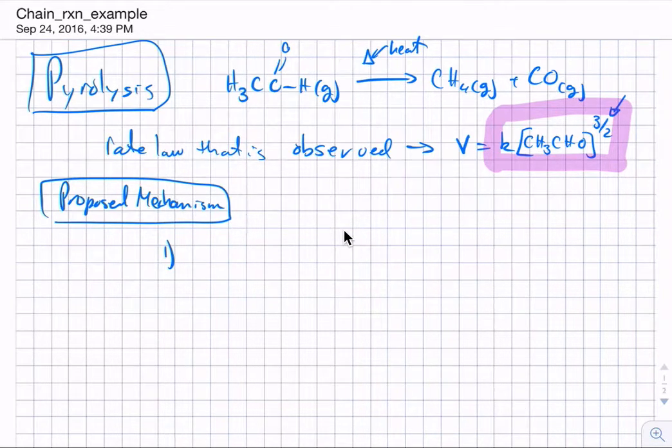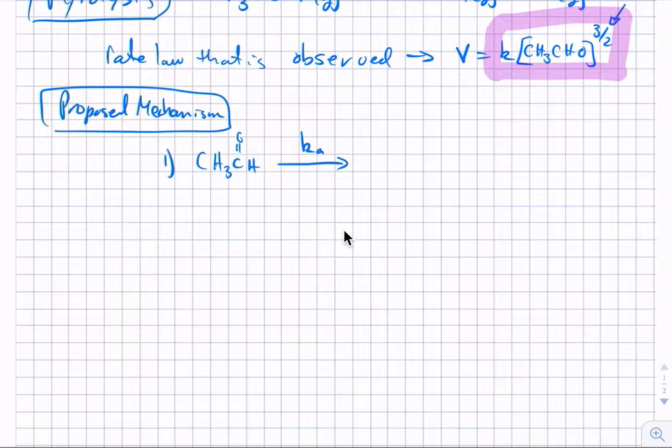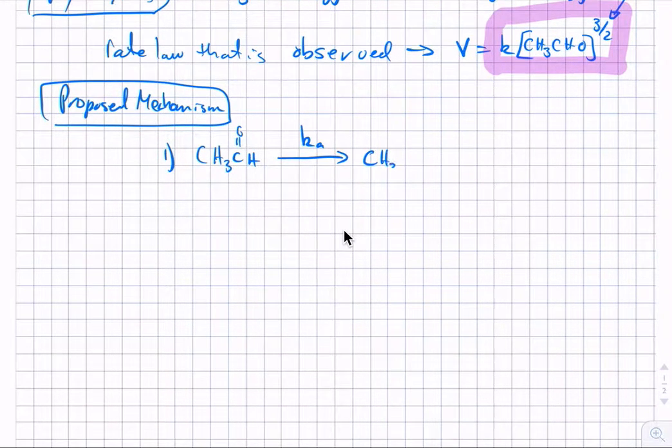So in the first reaction, we're going to take the aldehyde, and it is going to undergo a reaction with a rate constant Ka, and form a methyl radical and the aldehyde radical. So in other words, we're just doing an initiation reaction from the ideas of free radical reactions.